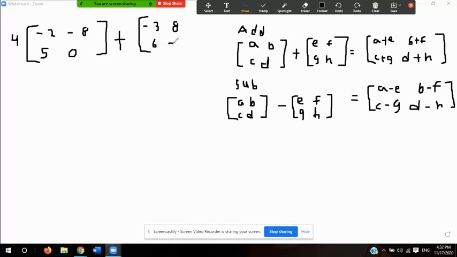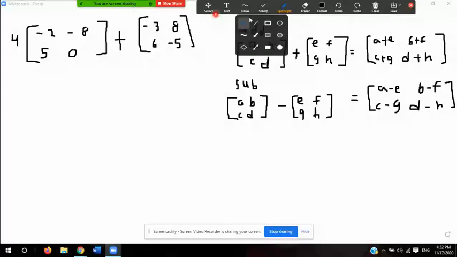So we have a matrix operation, and what we're going to do, just like we would do in order of operations, is first multiply the 4 times all of these numbers.